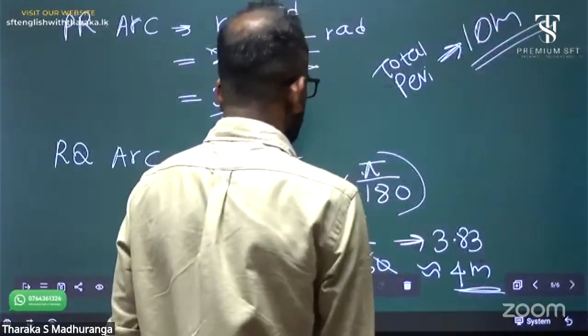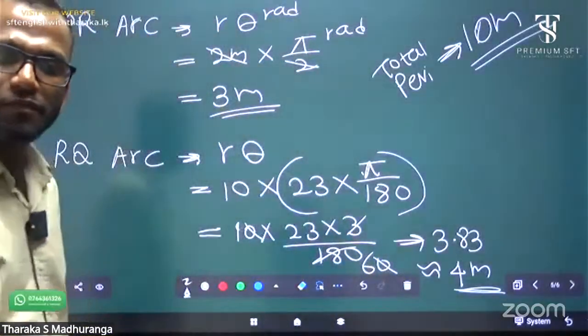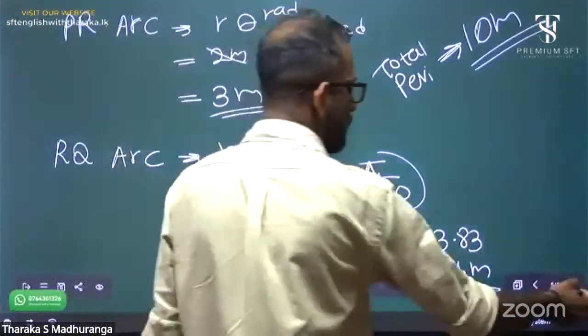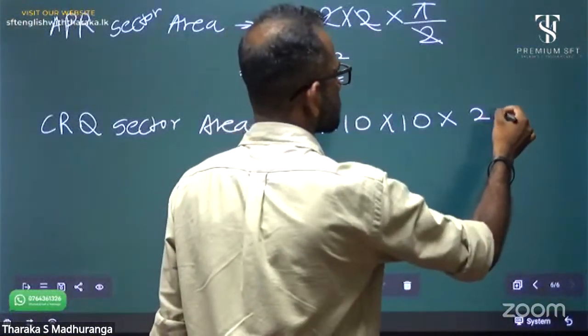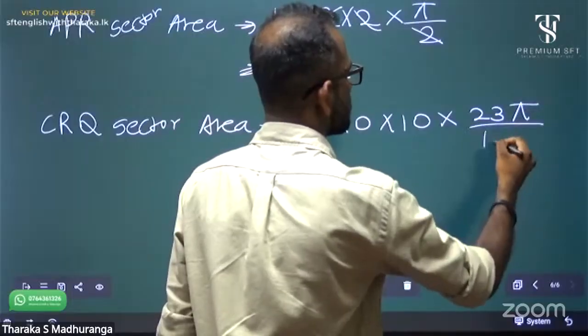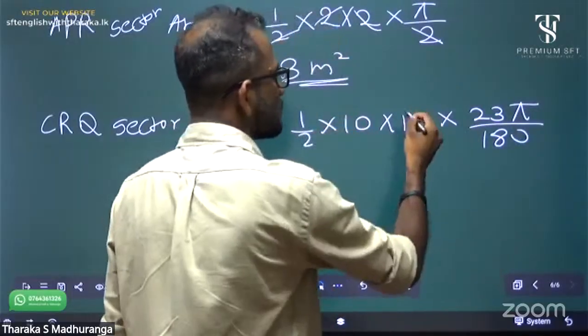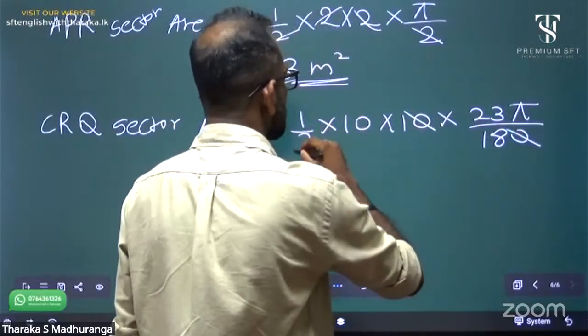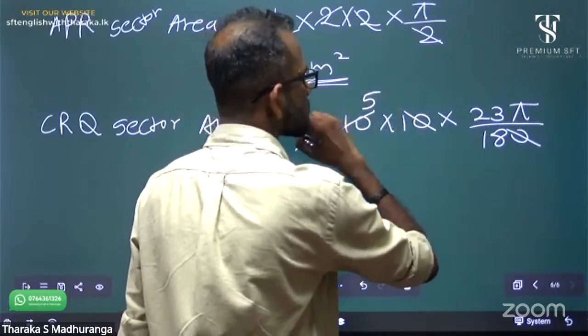What's the angle? 23 5 into 1 over 180. 0 to 0 cancel.